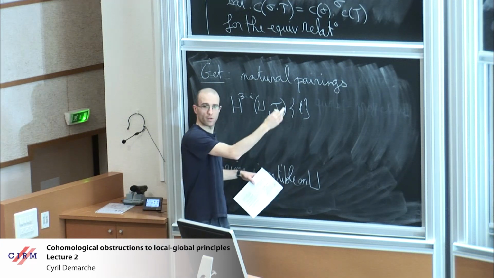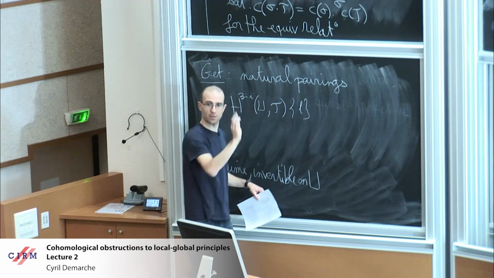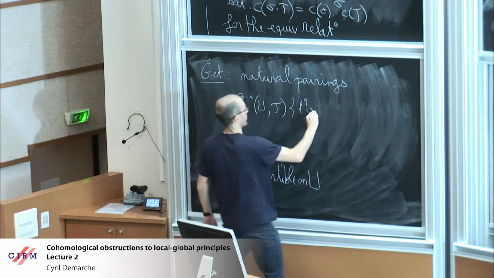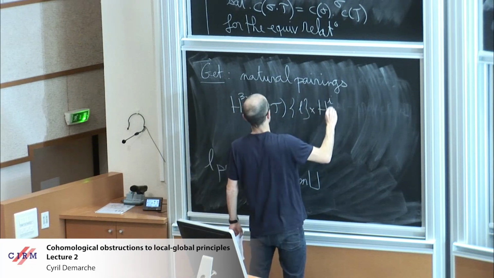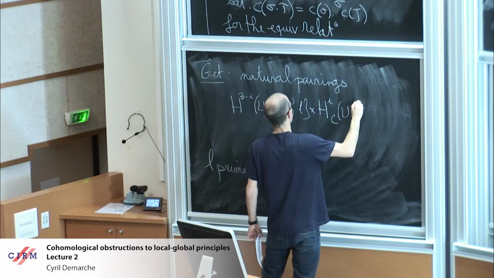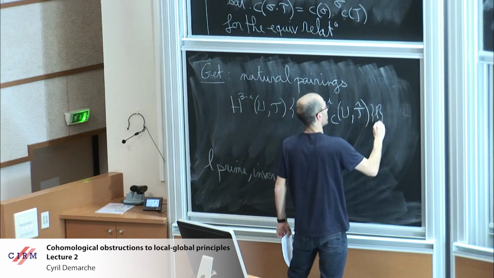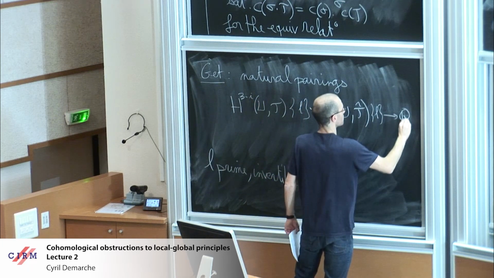This is the limit of all the l^n torsion when n goes to infinity, with H^i_c(U, T hat, l-torsion) with values in Q mod Z.